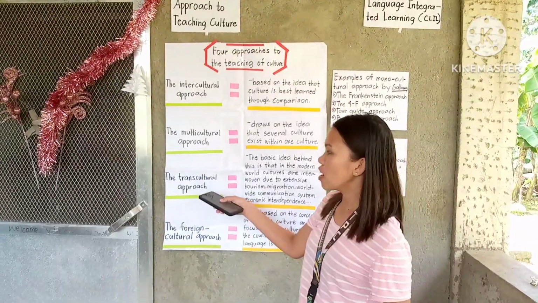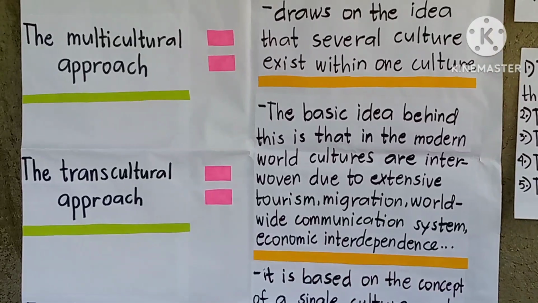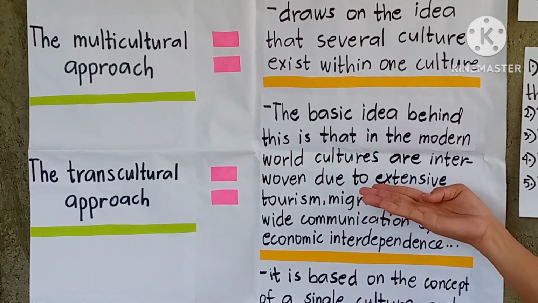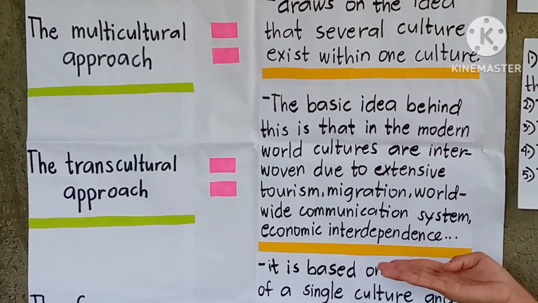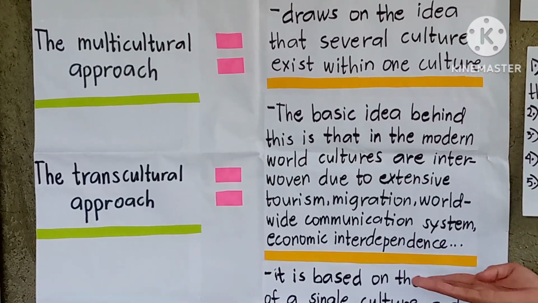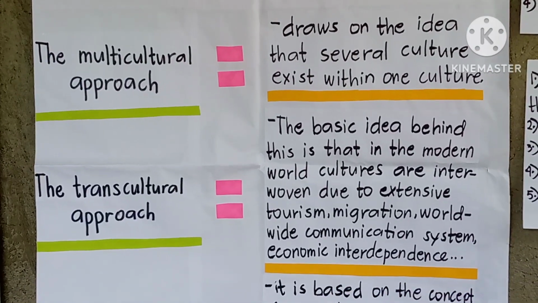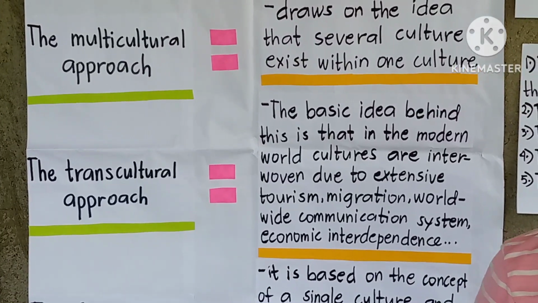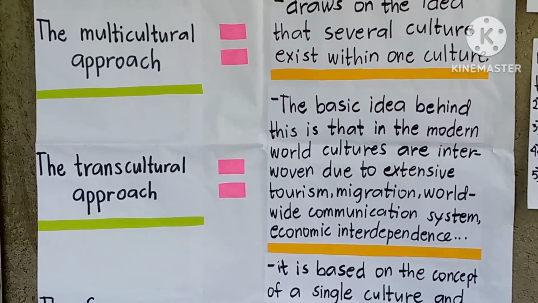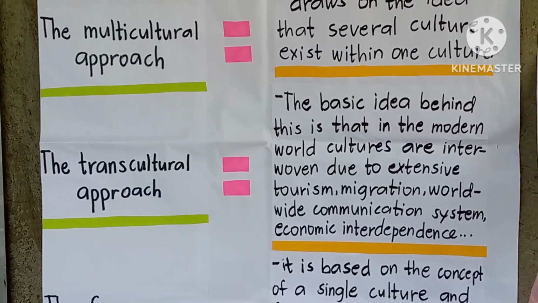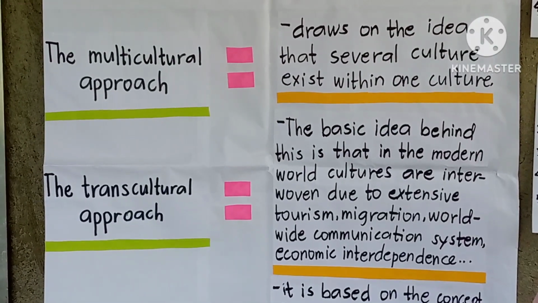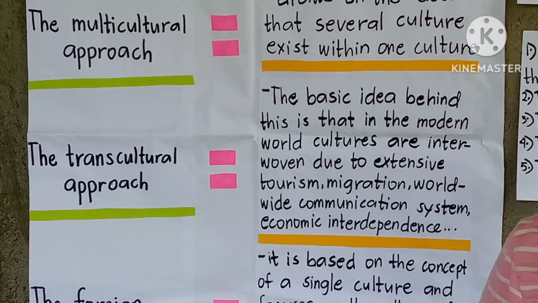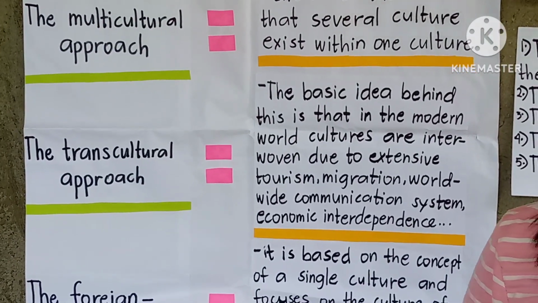Next is the transcultural approach. The basic idea behind this is that in the modern world, cultures are interwoven due to extensive tourism, migration, worldwide communication systems, economic interdependence, and globalization. The transcultural approach seeks to promote learner self-esteem and ownership of language use, not without a degree of facilitative anxiety, which will allow learners to broaden their tolerance level and develop a greater concern for diversity and change.